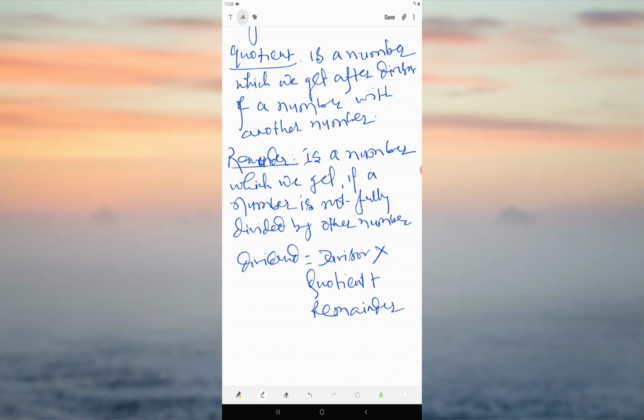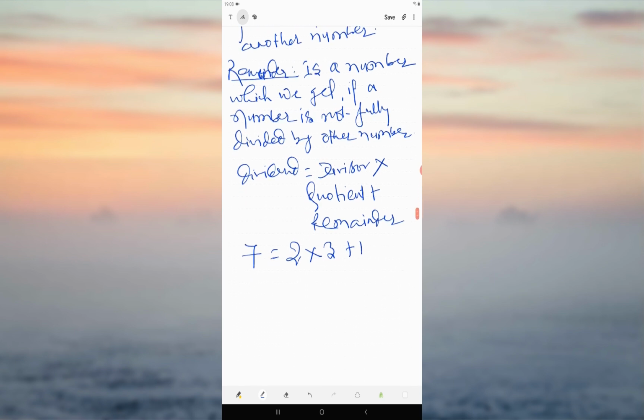Okay, check the example. 7 was the dividend, so that equals the divisor, which was 2, into the quotient we got, which is 3, plus 1. Simple. So you see over here, 2 into 3 is 6, plus 1 is 7, which we got.